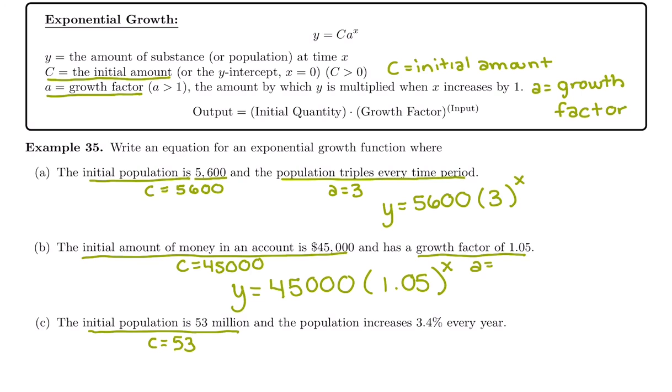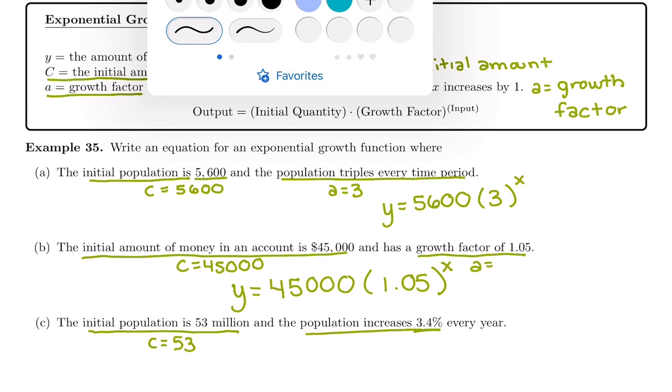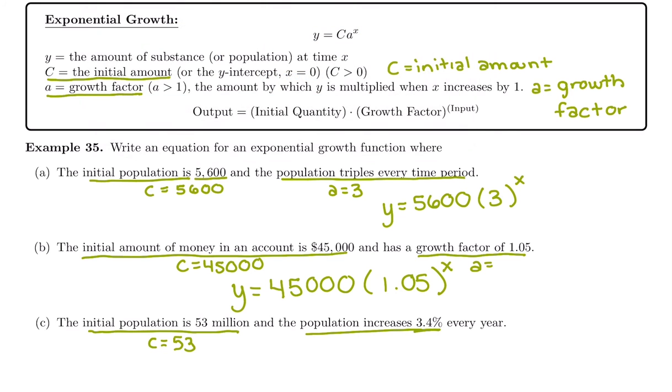And now the other hard part about this is that the population increases by 3.4% every year. So we're given a percent. We're not given the growth factor, we're given the growth rate. So percent means it is a growth rate.